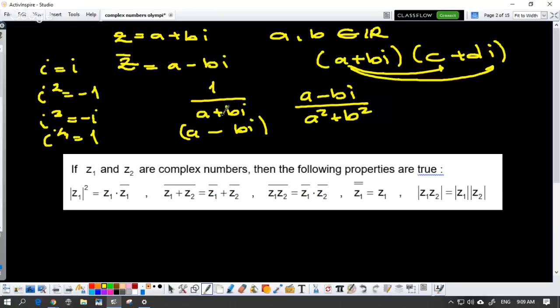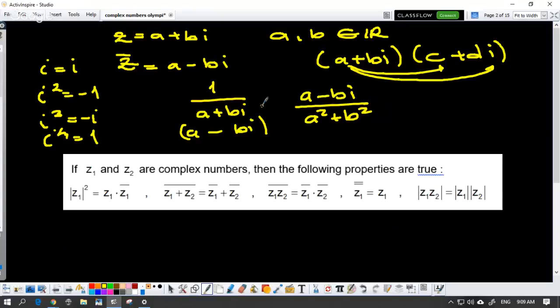A minus bi times a plus bi is equal to a square plus b square, because bi square becomes b square i square, and i square is equal to -1, so minus bi square becomes plus b square.